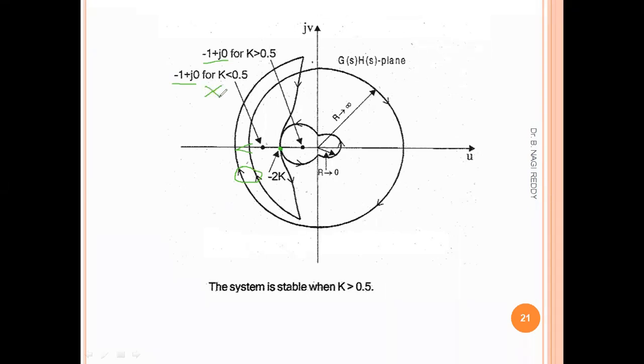It will become an unstable system, because this is encircled, and it is encircled with the clockwise direction. You can see this point is encircled with the clockwise direction. See this arrow mark, which is going like this, which is encircled. So within the circle, the stability point lies.